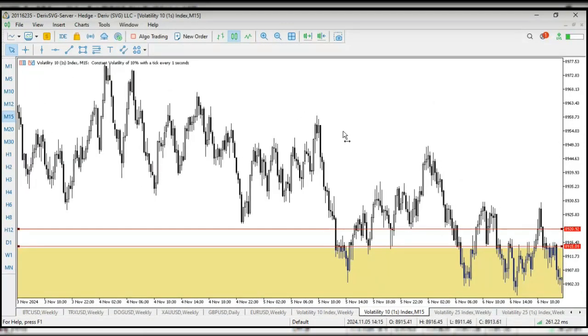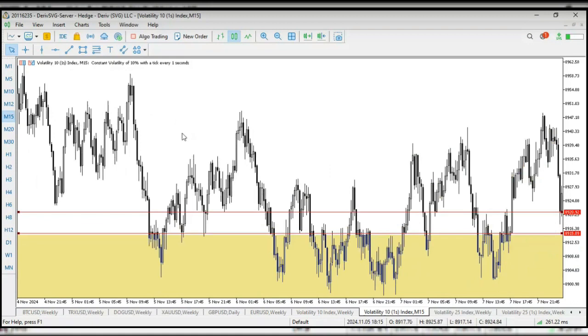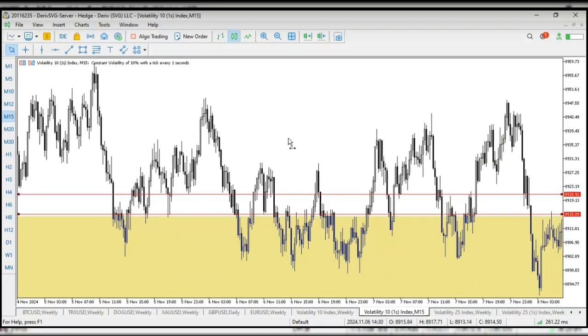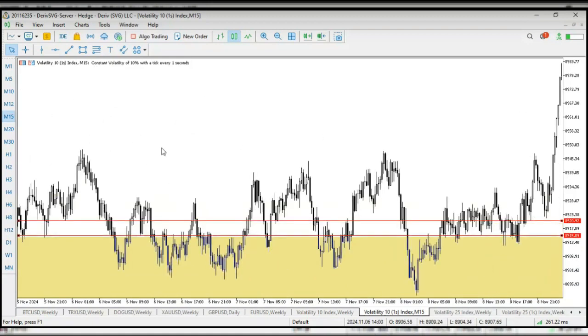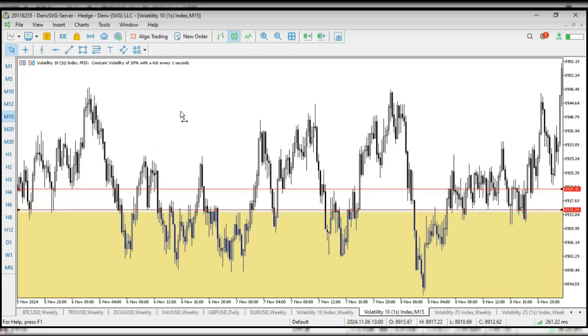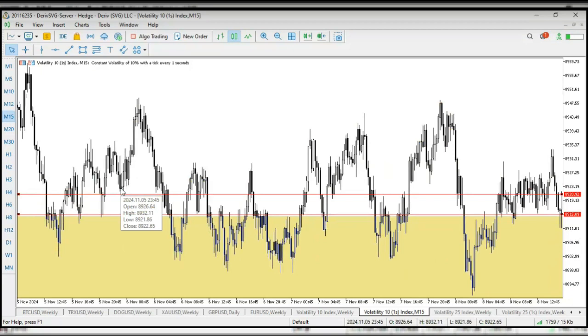If you're a day trader, generally as a trader, what I want to see is M15 or M30 aligning with H4. That's just basic. If you want to trade as a scalper or as a day trader, you have to go lower. You have to focus more on lower time frames.